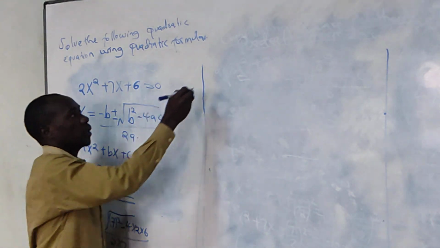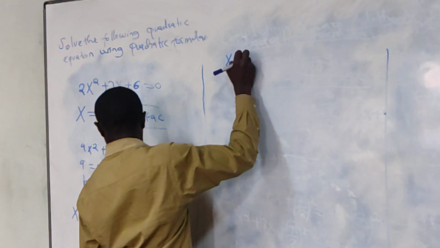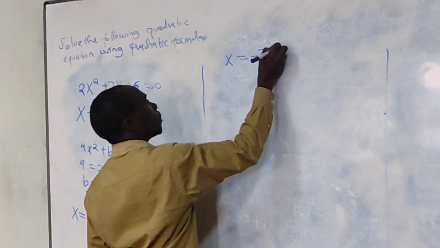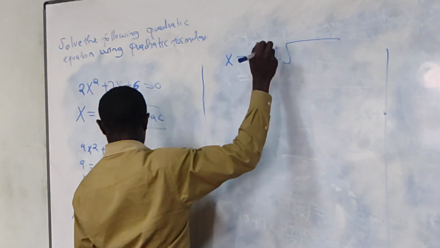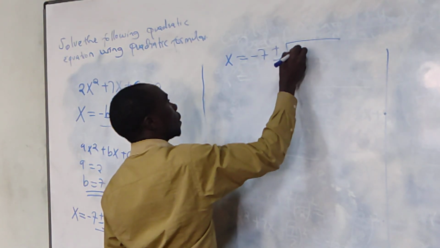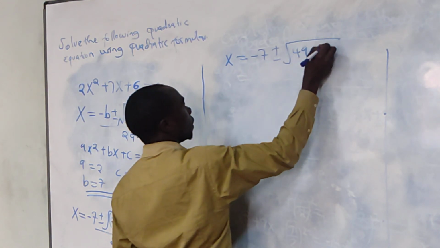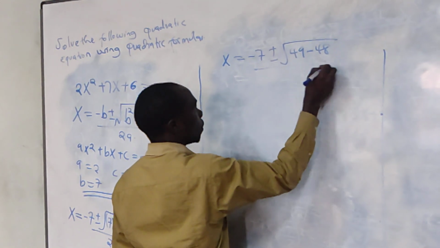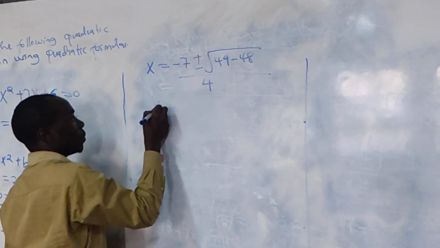That gives us x equals minus 7 plus or minus the square root of 49 minus 48, everything over 4.